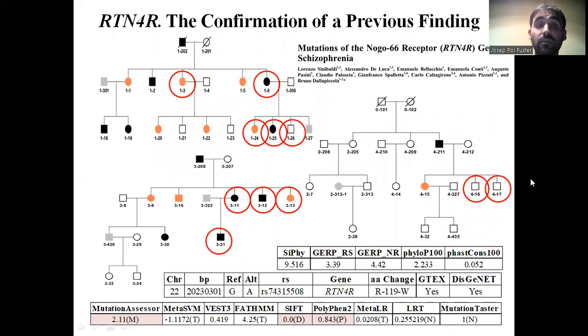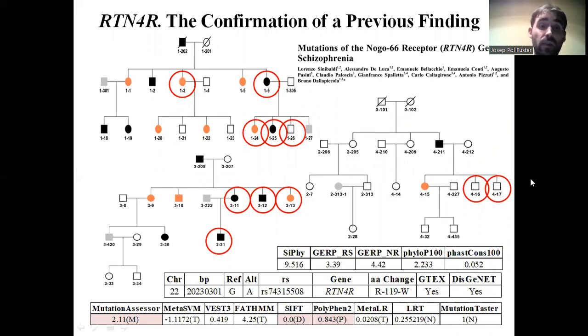Another interesting variant identified in the family was one affecting the reticulon 4 receptor gene. Interestingly, this same variant has been identified previously in other psychotic patients.